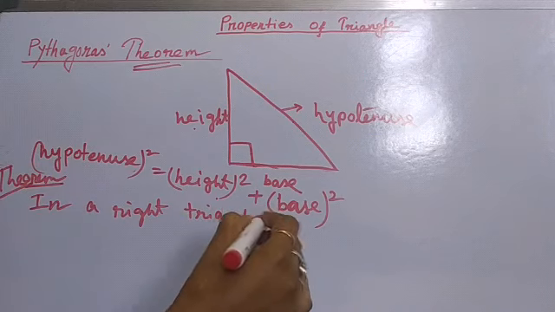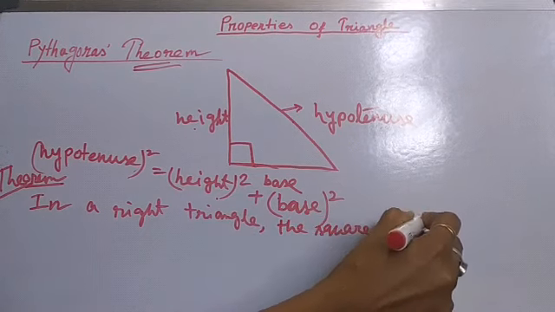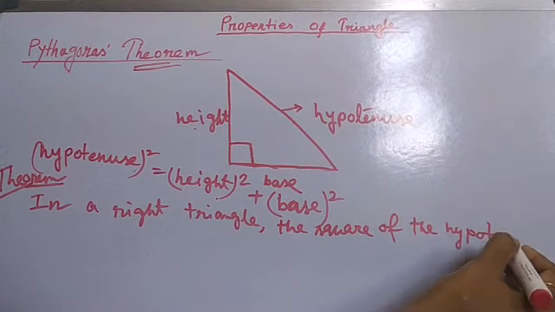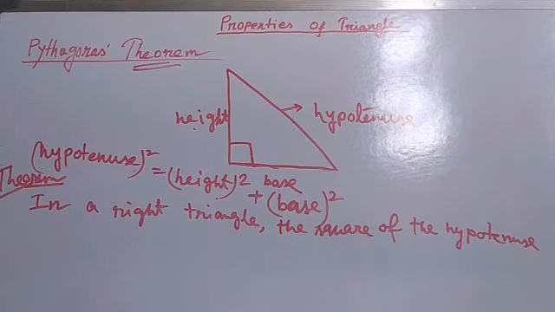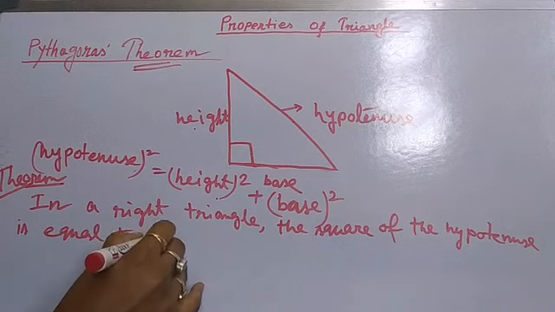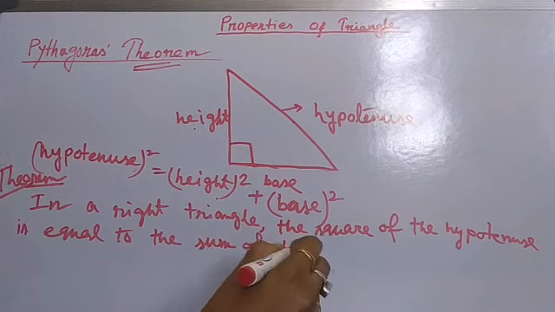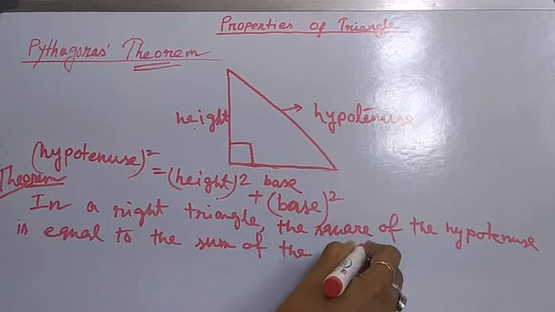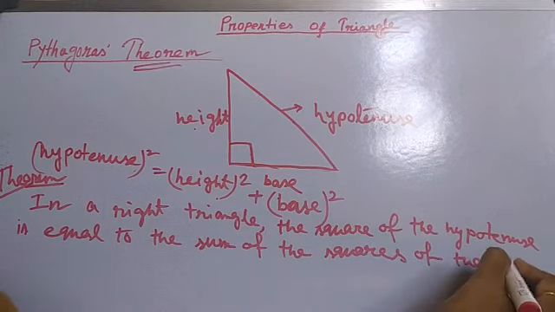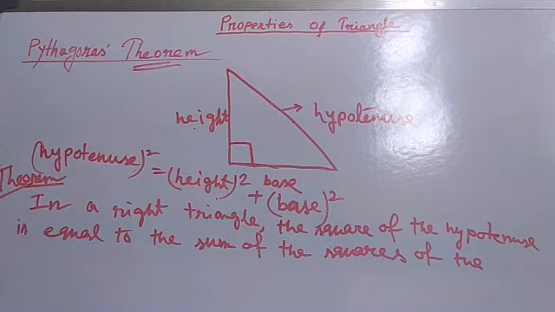In a right triangle, the square of the hypotenuse is equal to the sum of the squares of the remaining two sides.